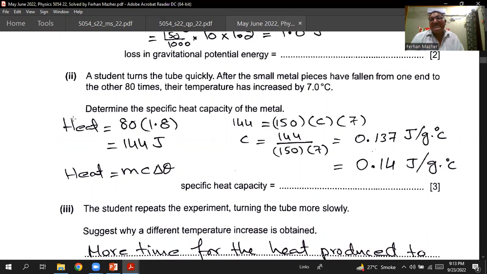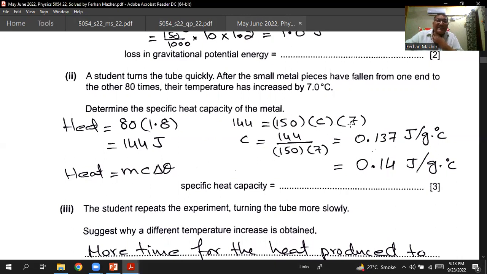When the temperature changes, the formula is heat equals mc delta theta. So m is the mass and c is the specific heat capacity, and delta theta means the change in the temperature. So heat is 144 joules, the mass is 150 grams, and the specific heat capacity is the question.